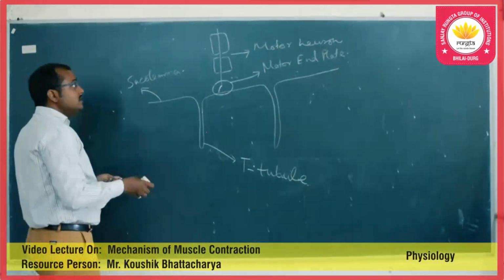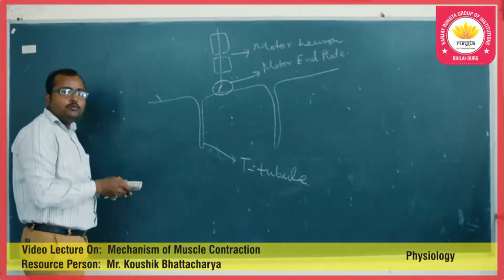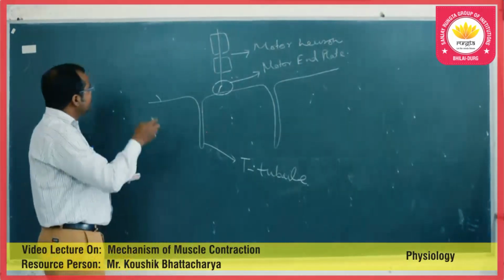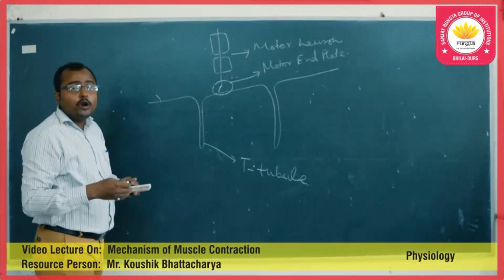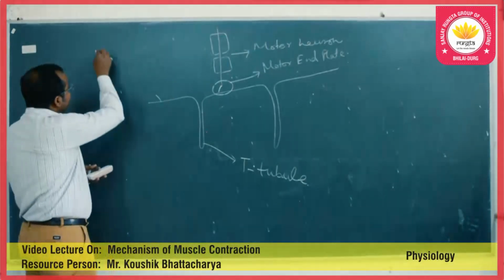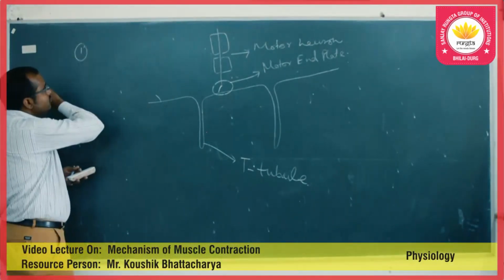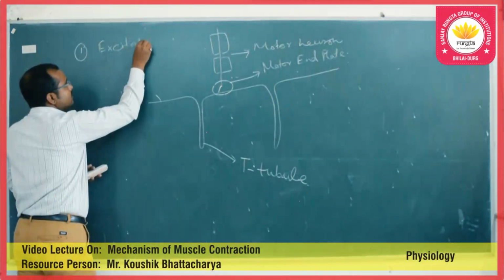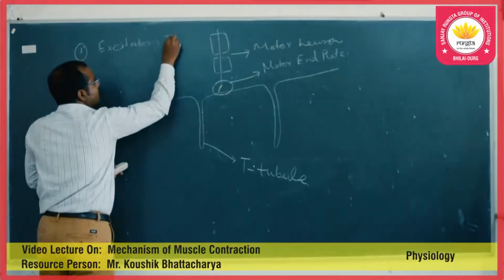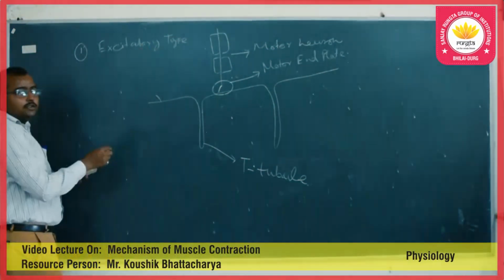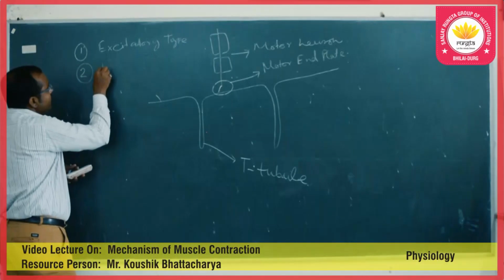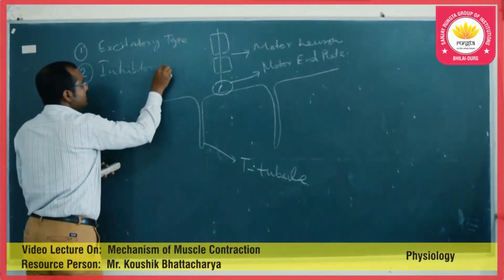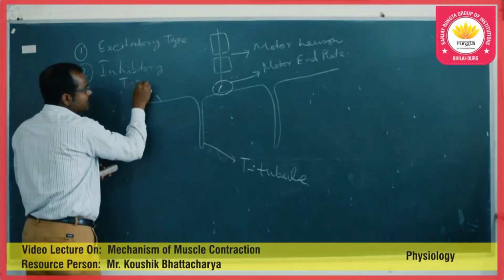According to our previous discussion of synaptic transmission, we know that depending on the two different types of synaptic transmitters, two different types of motor end plate potential will be produced. So we have two different types of neurotransmitter. The first one is the excitatory type of neurotransmitter, and the second one is the inhibitory type of neurotransmitter.